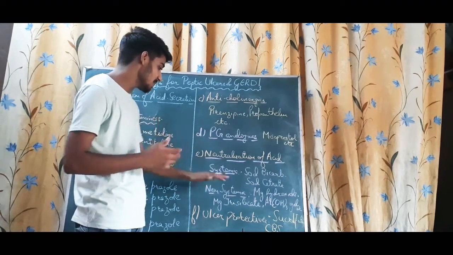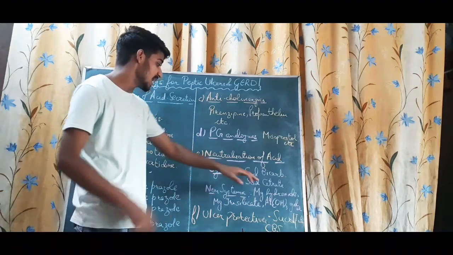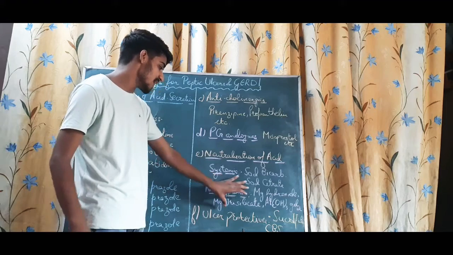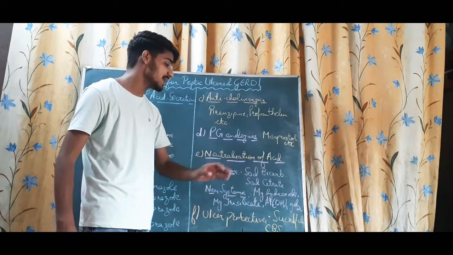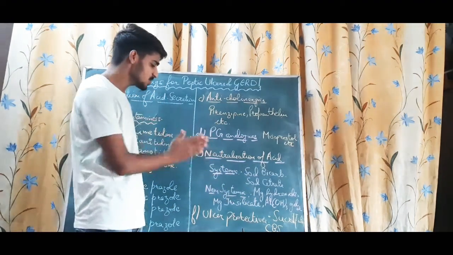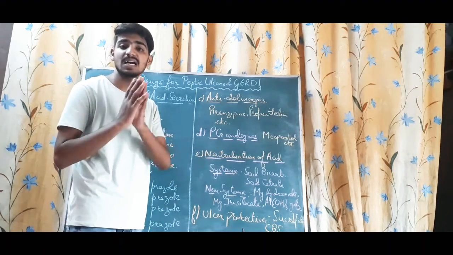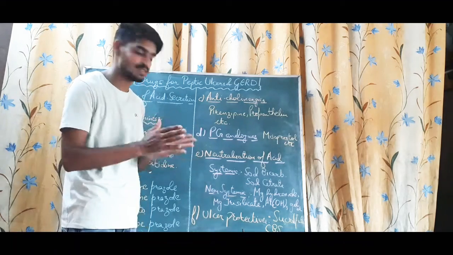Systemic acts on our whole system, like sodium bicarbonate, sodium citrate. Non-systemic includes magnesium hydroxide, magnesium trisilicate, aluminium hydroxide gel, etc. These will be given just to neutralize the acid and to provide some time to the gastric mucosa so that it may heal itself.